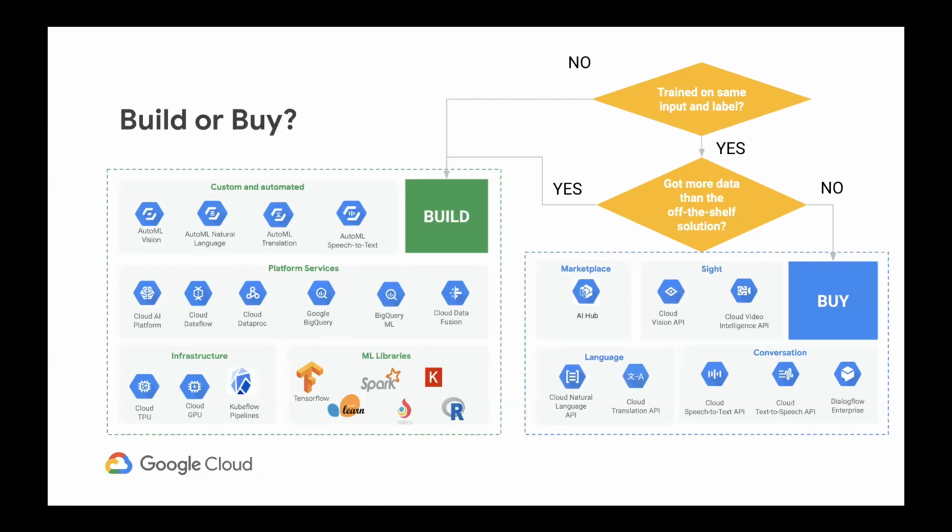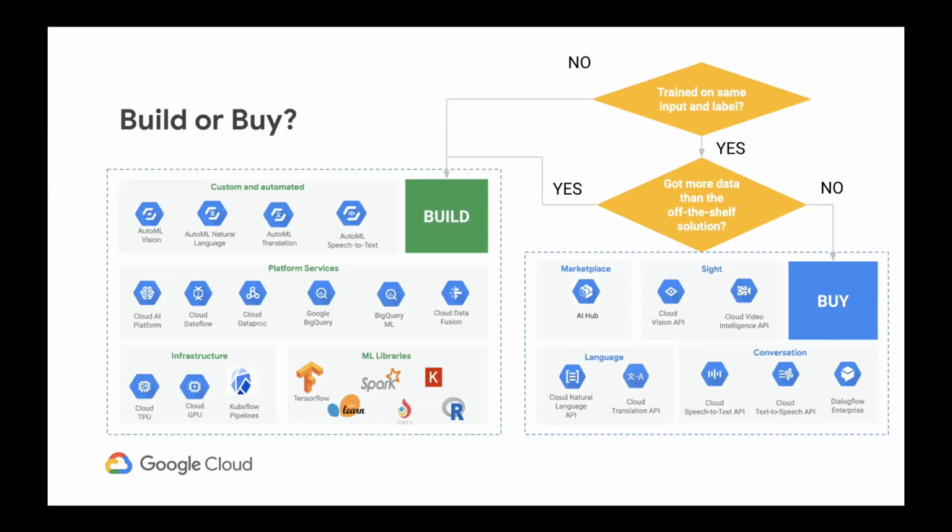We have some very robust APIs for all these different categories you see here: vision, natural language, looking at text, translation, so on and so forth, and Dialogflow for chatbots, contact center interactions, things of that nature. On the left side is where you have the build capability.